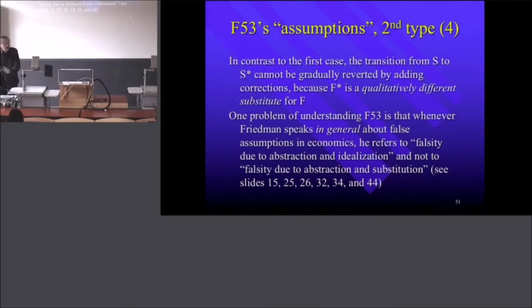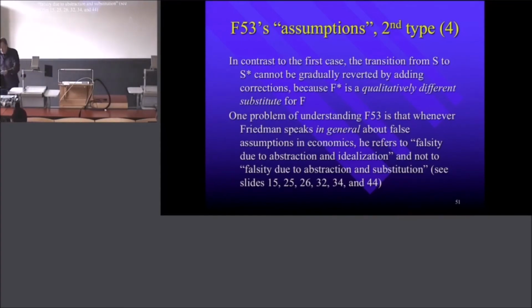So in his mind he's got only the falsities of the first type, but in his examples, which are necessary to understand what's going on, he also treats the falsities of the second type, but he never refers to them abstractly. And then everything gets confused. But the idea is pretty clear. Once you make this distinction, then you see immediately what's happening, and we'll see that in the following.